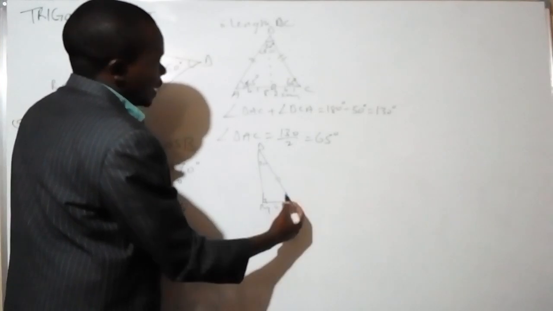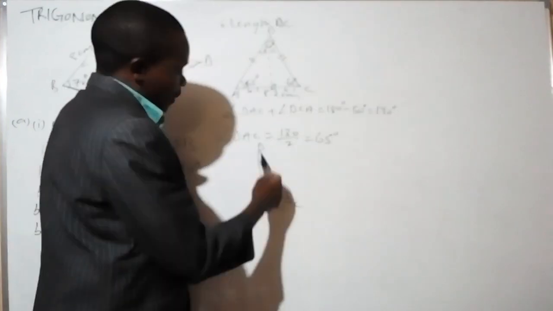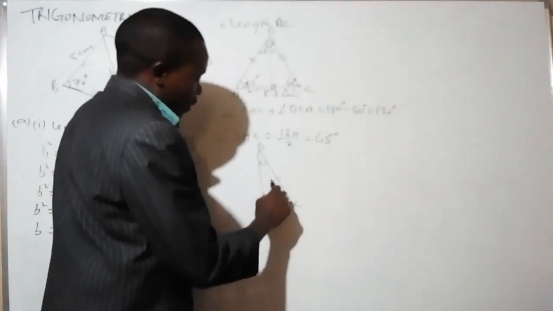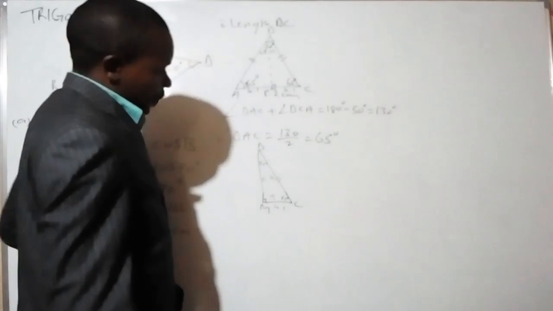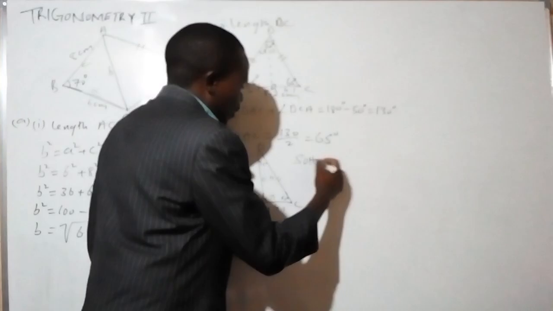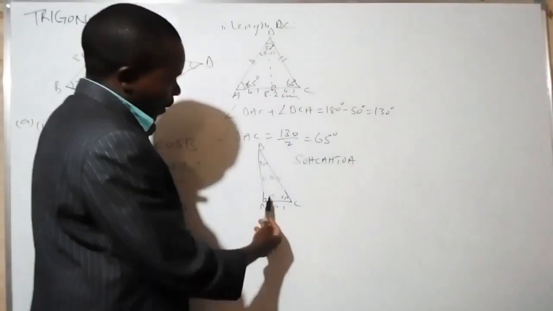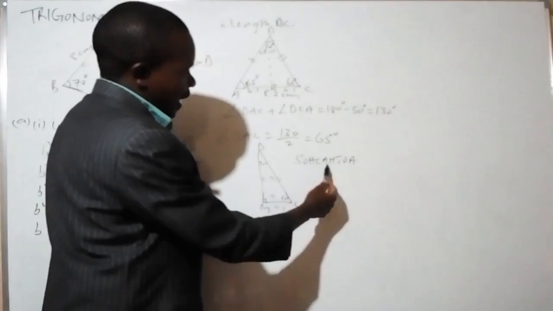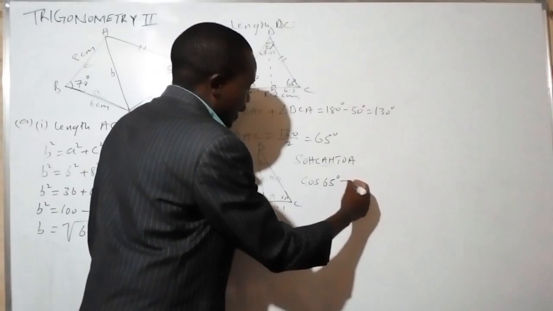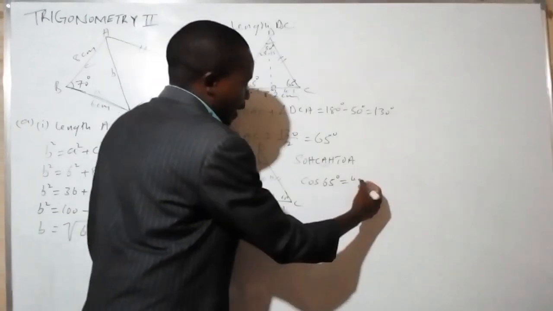We want to get this length. This is adjacent, this is hypotenuse, and this is opposite. We are going to use SOHCAHTOA, where we have A and H, which is cosine. We say cos 65 degrees is equal to adjacent 4.1 all over hypotenuse, which is DC.